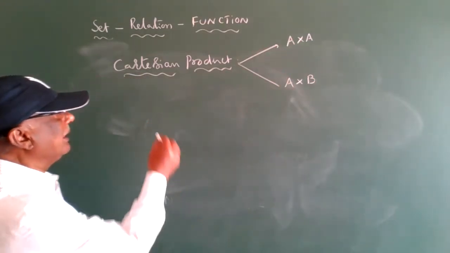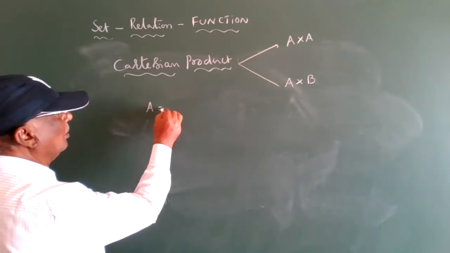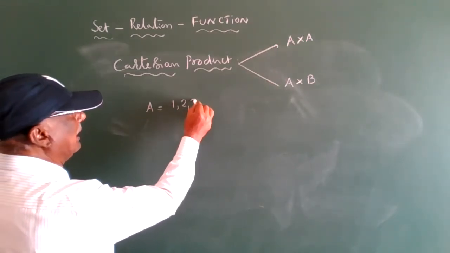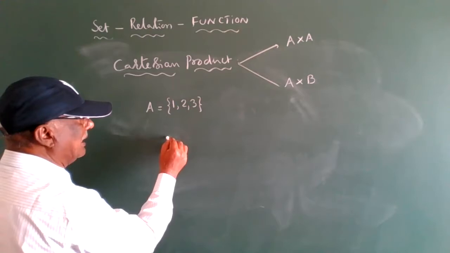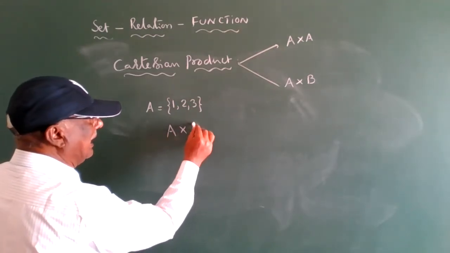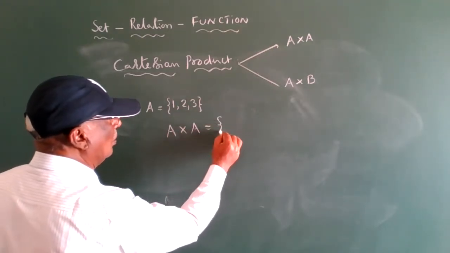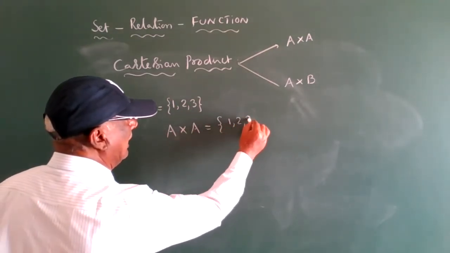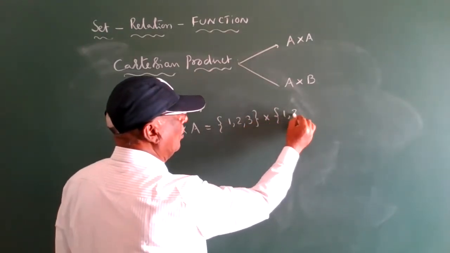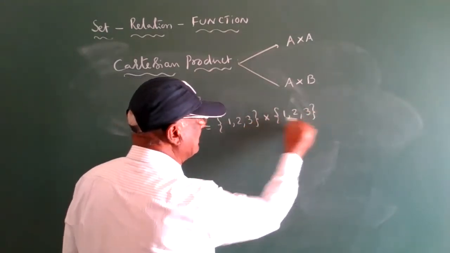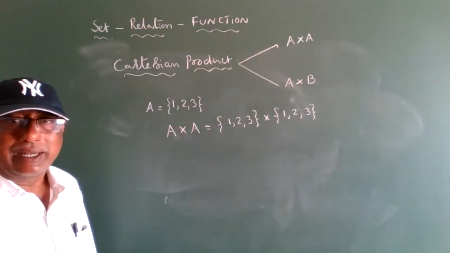Now I will write A is equal to {1, 2, 3}. Single set Cartesian product is A cross A, that is equal to {1, 2, 3} cross {1, 2, 3}. First element we can take.